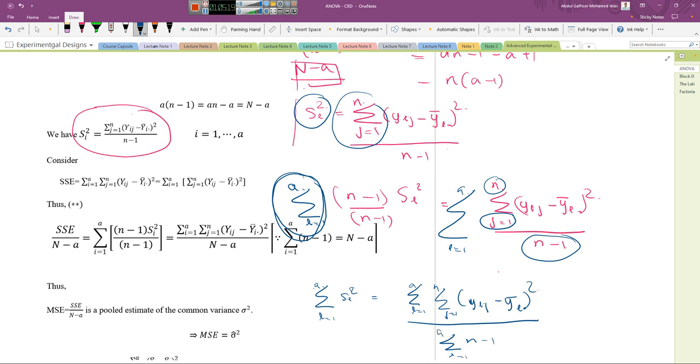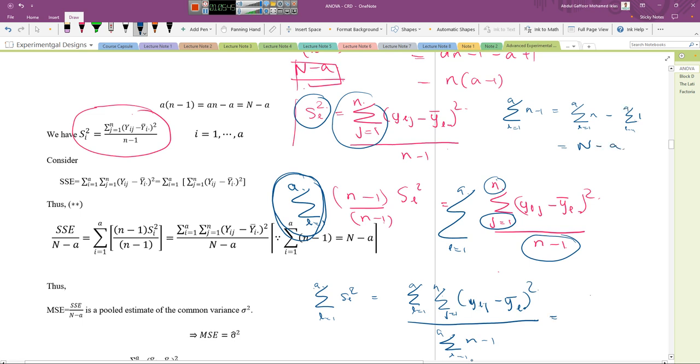Now if I consider this denominator, summation i equals 1 to a of (n minus 1) can be written as summation i equals 1 to a of n minus summation of 1. So this is nothing but N, and 1 summed from i equals 1 to a means that is a, so N minus a.